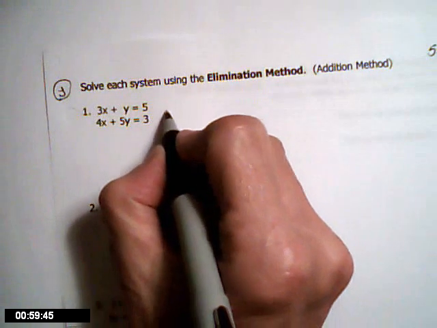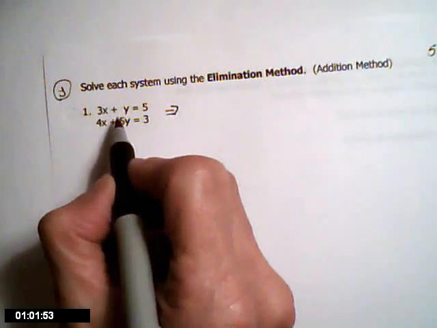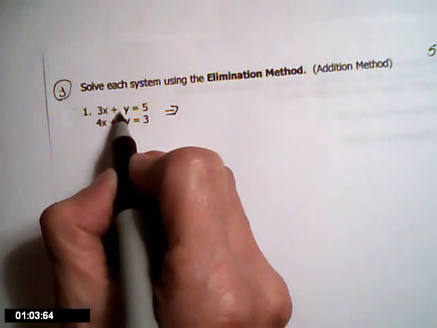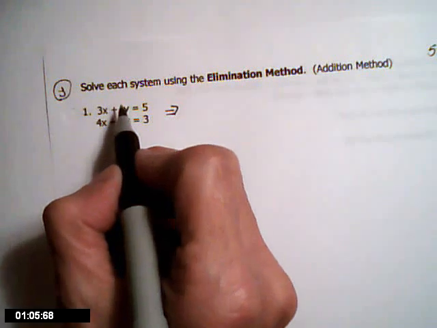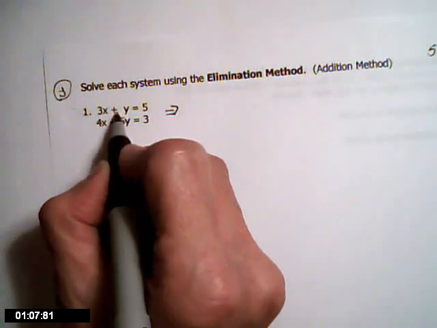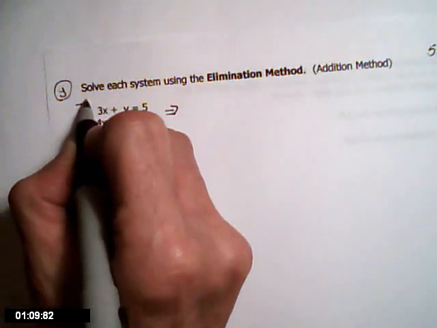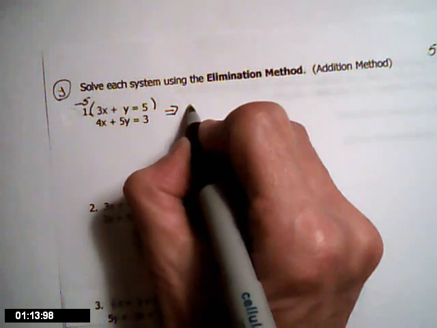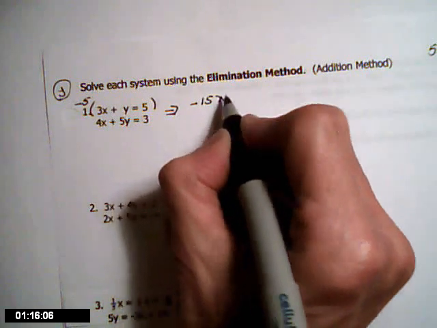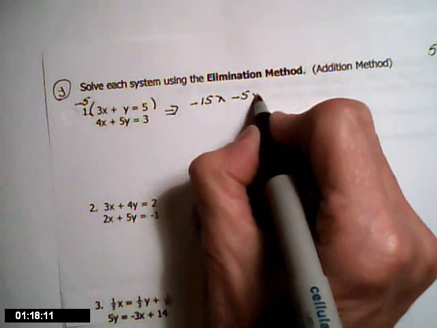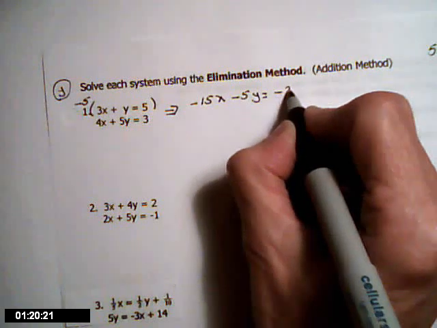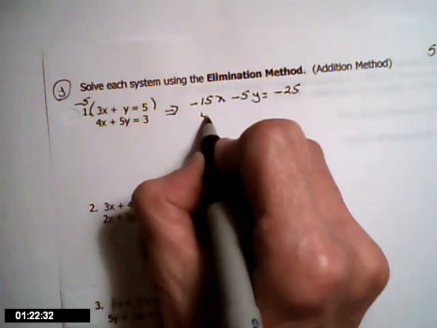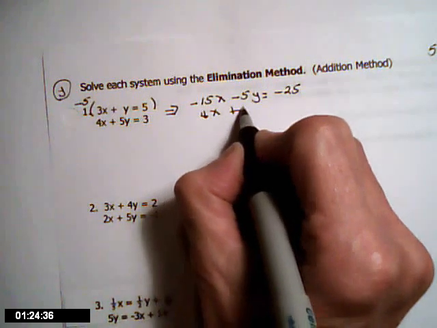Now if I eliminate the y, what I want to do is to add 5y to something that will add to be 0. Well, this would need to be a negative 5y. So I'm going to multiply this entire first equation by negative 5. So that gives me negative 15x minus 5y, now all the way across, negative 25. I'm not going to change the second equation in this one.